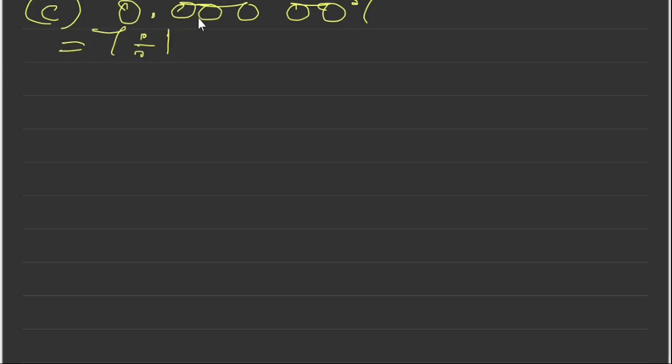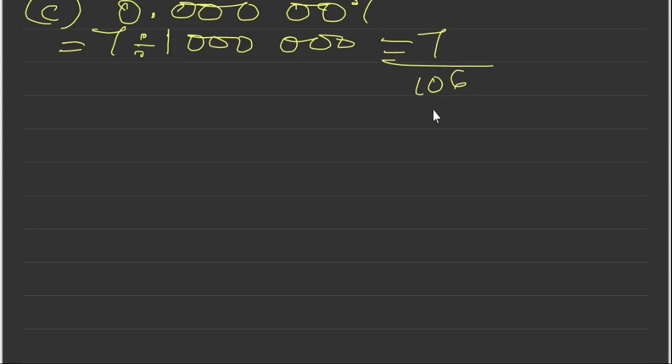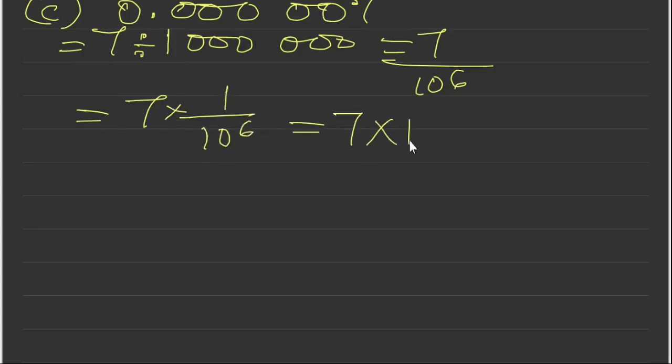Now continue counting. 1, 2, 3, 4, 5, 6. So divide by 10 raised to the power 6. So which is 7 times 1 over 10 raised to the power 6, which is 7 times 10 raised to the power minus 6. So that is the standard form for this.